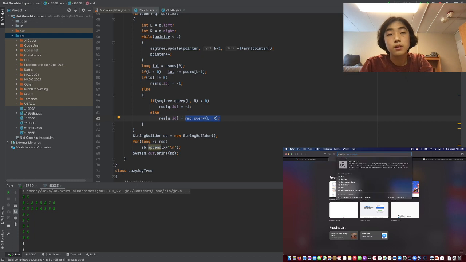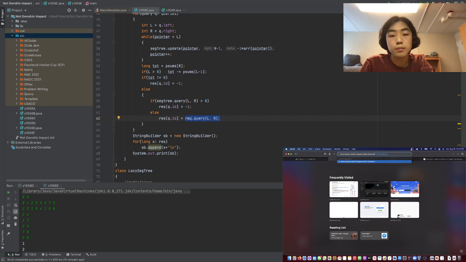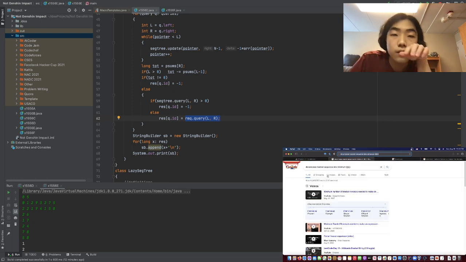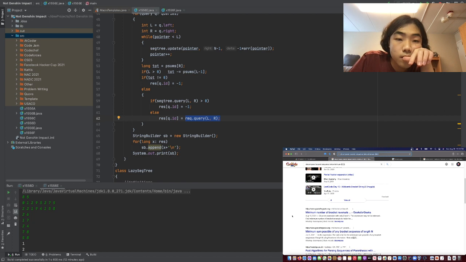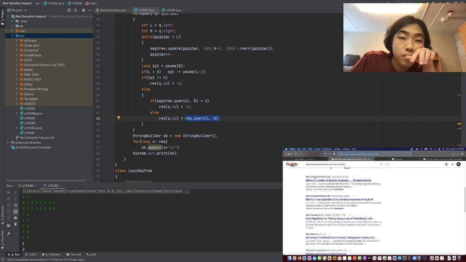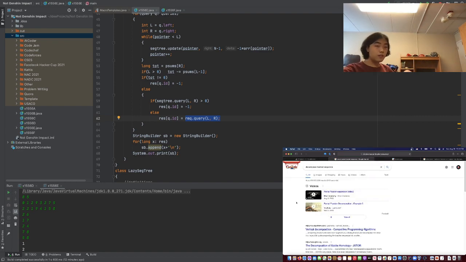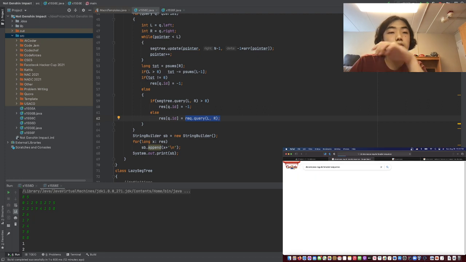Okay. It's like decomposing a bracket sequence into a minimum of these. Decomposing a regular bracket sequence.